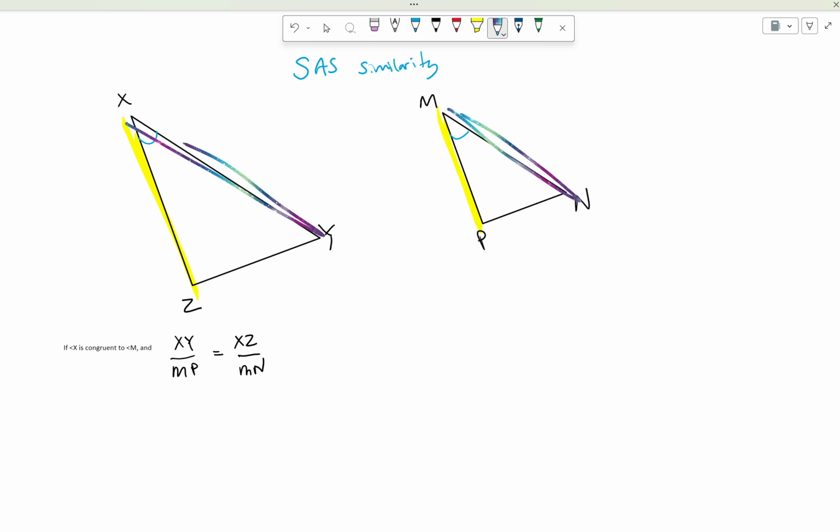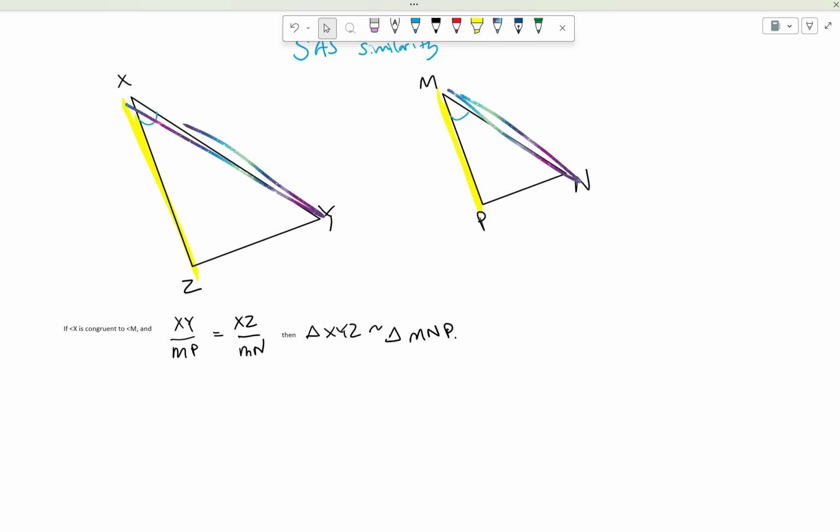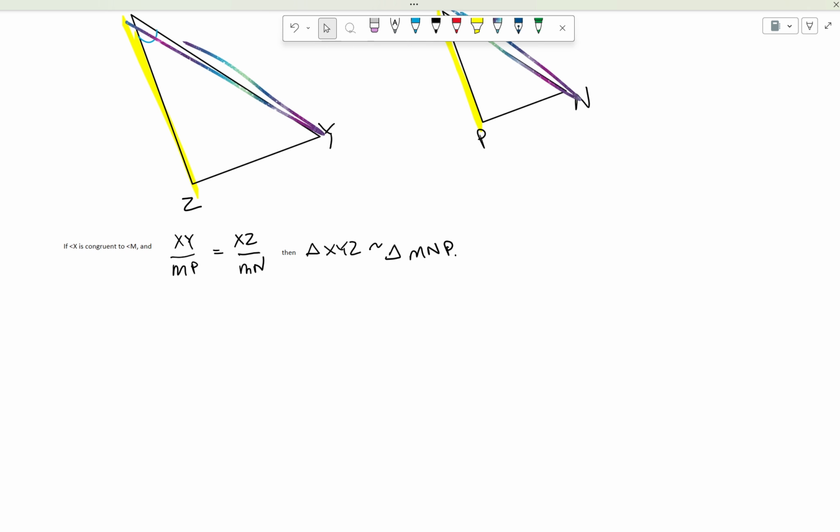All right. So, getting back to it. If this is the case, then triangle XYZ is going to be similar to triangle MNP. All right. And here's how it'll work. You guys ready?